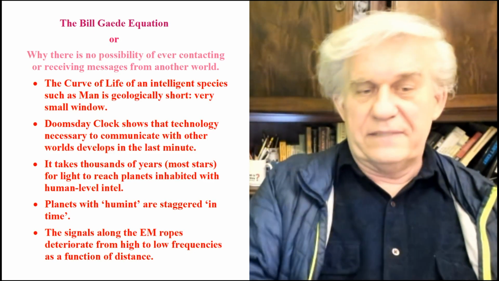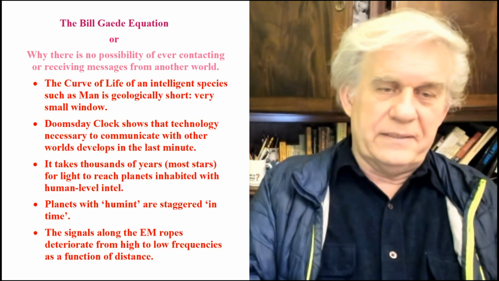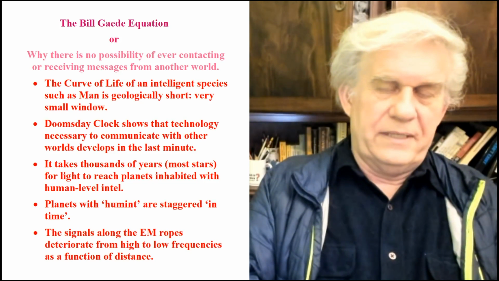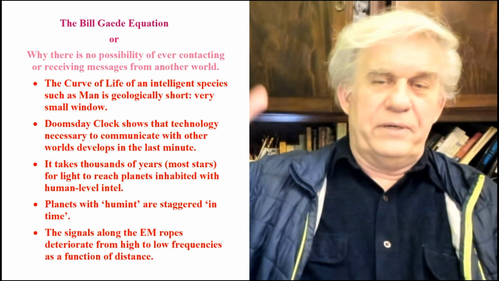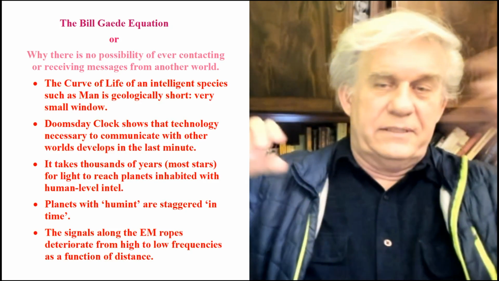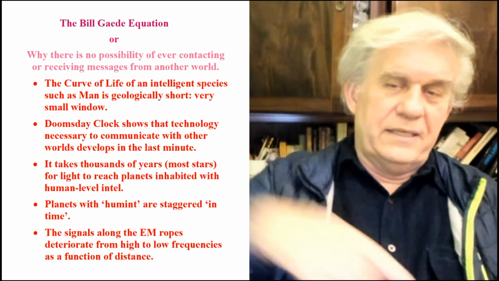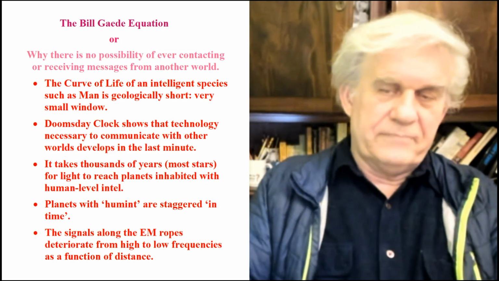Then there's the issue of signals. Under the rope model, you send them through the electromagnetic ropes. But what happens with any rope? From the point where it's on the wall outwards, the links become longer. It's known as the redshift.